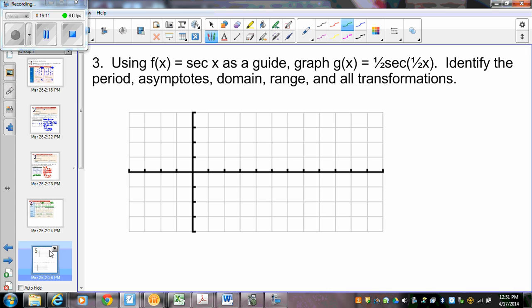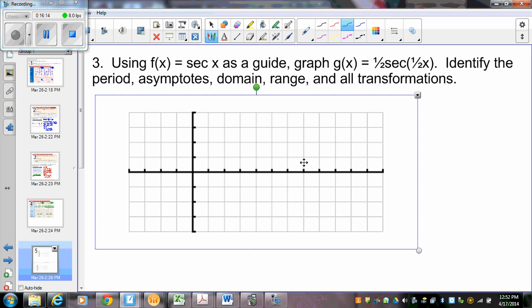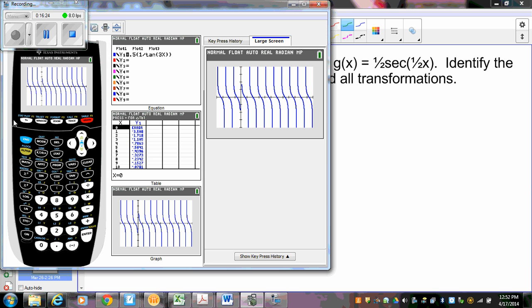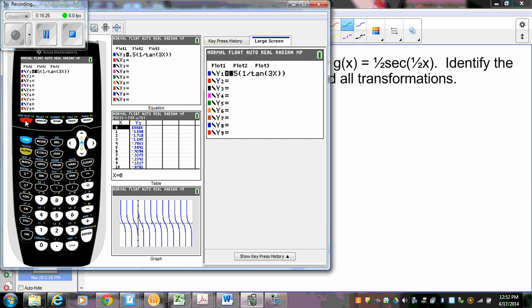We're now going to graph some transformations of these, starting with 1/2 times the secant of 1/2 x. You've got a graph there on your paper to plot the points, but we're going to do it on the calculator just like how we did the tangent and cotangent graphs. So I'm going to type in 0.5 times, for secant, 1 over the cosine of 0.5x.